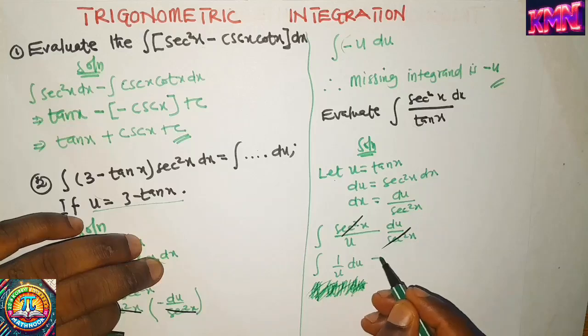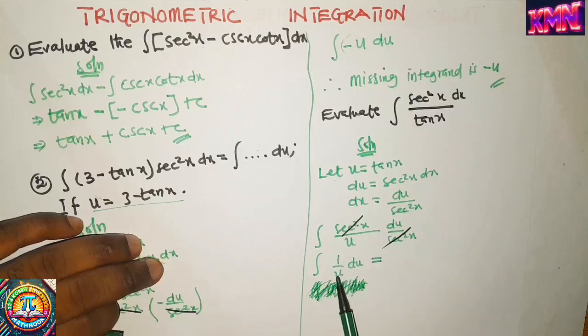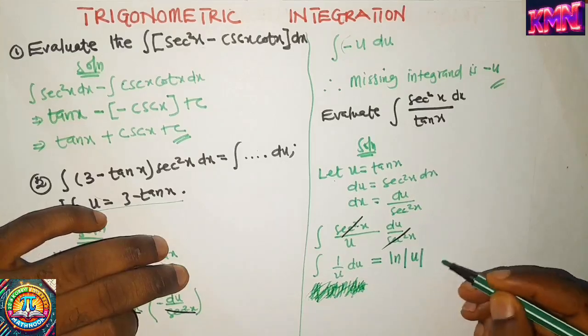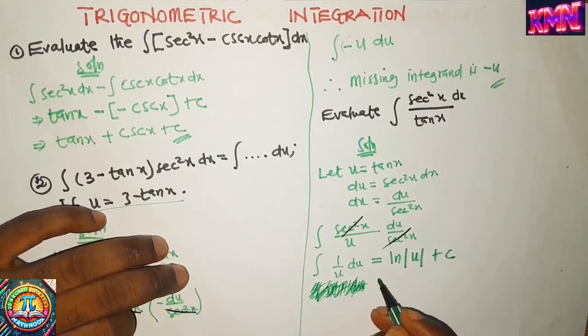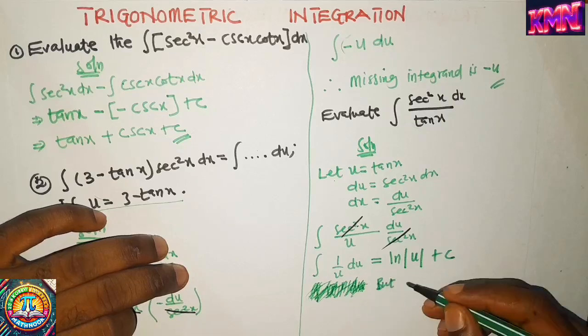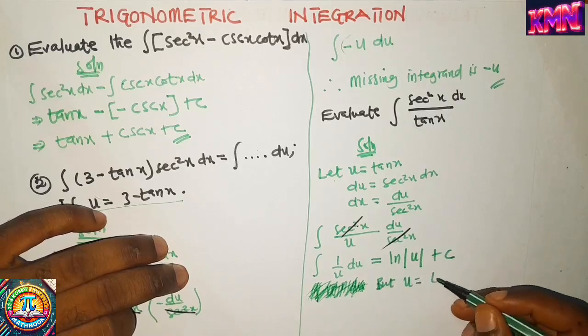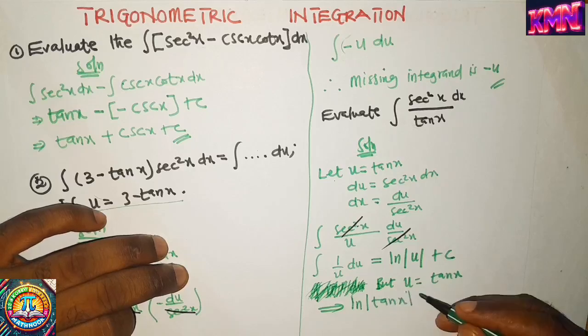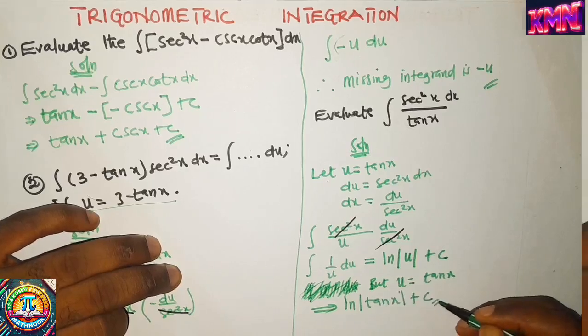The integral of 1 on u will give us ln u plus c, but u is tan x. We can conclude that our answer is ln of tan x plus c.